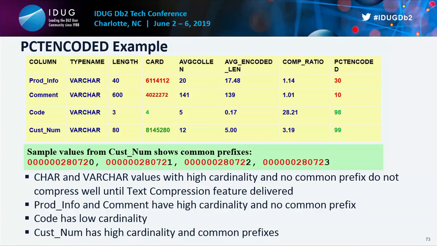Here's another example of a varchar, right? This is a code, so you see very low cardinality. There's only really 4 options for it. 98% encoded, right? Here you have a customer number. Although the cardinality is still pretty high, you probably have common prefixes, or this is where things like prefix compression for the varchar, or potentially minus encoding if it was a numeric, would kick in, right?